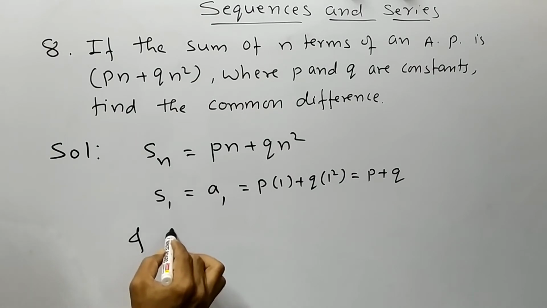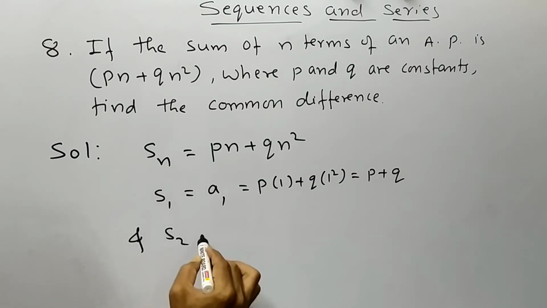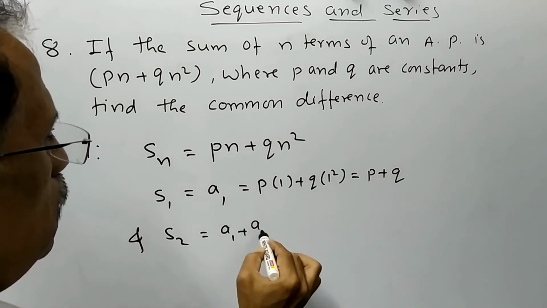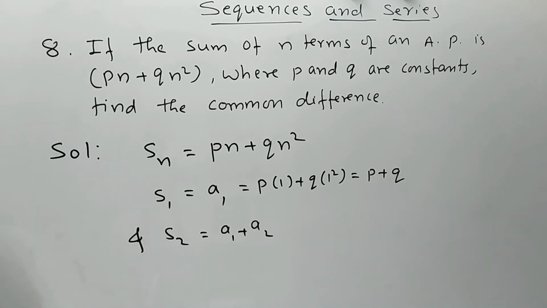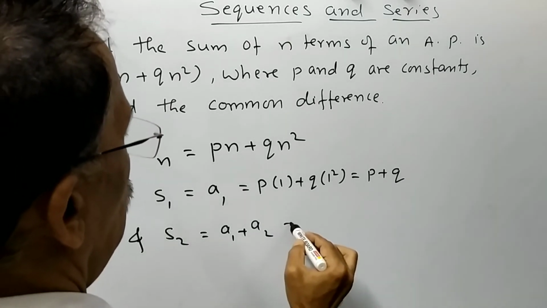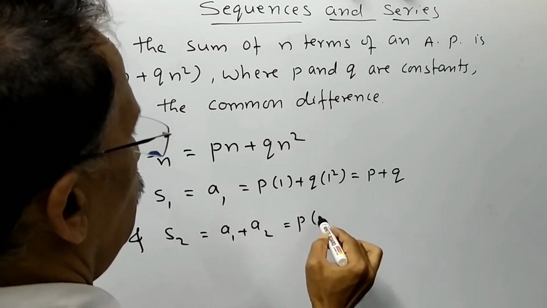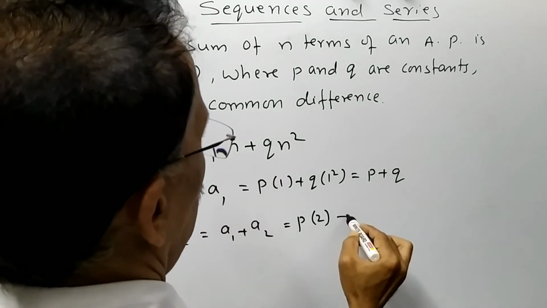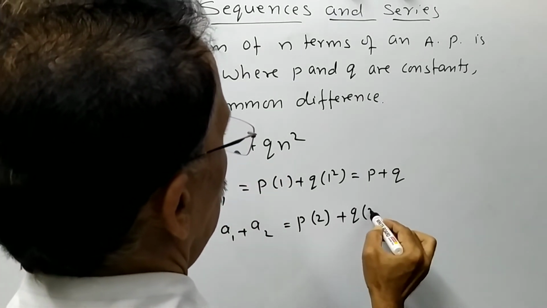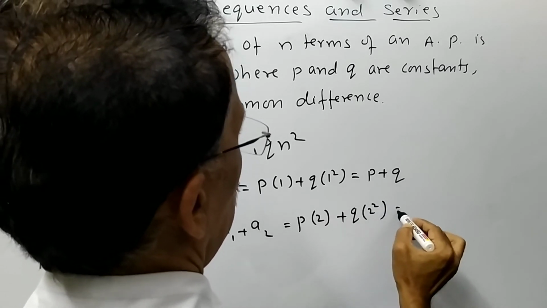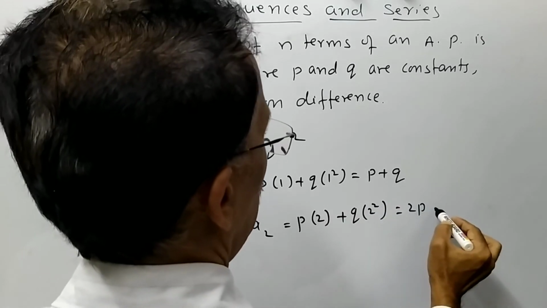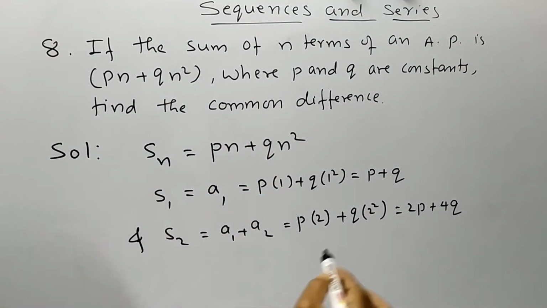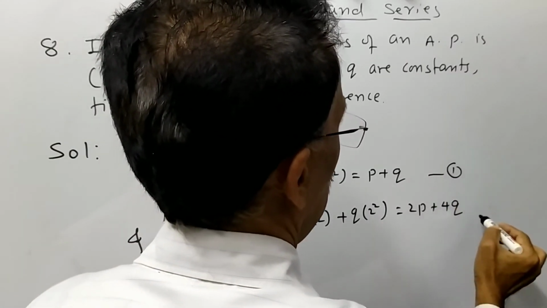And S2 is equal to a1 plus a2 is equal to P into 2, n is equal to 2, plus Q into 2 square is equal to 2P plus 4Q. For this, say number 1.